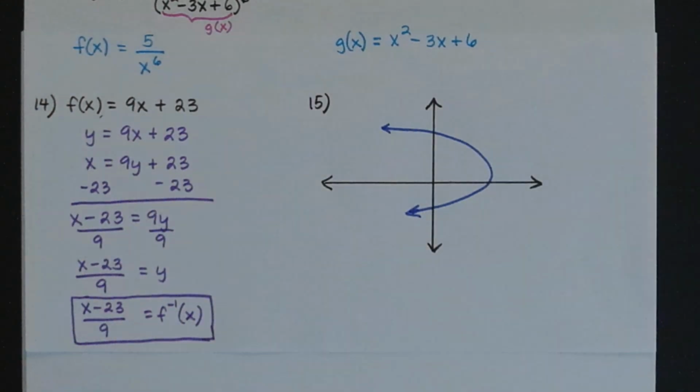Here's what the graph looks like, similar to that. Now, the horizontal line test helps us determine whether a graph has an inverse function. A horizontal line can only cross the graph at one point. If it crosses the graph at more than one point, then there's no inverse for that function.